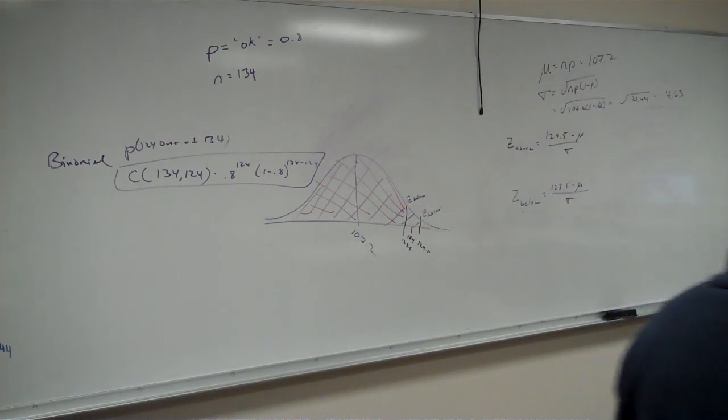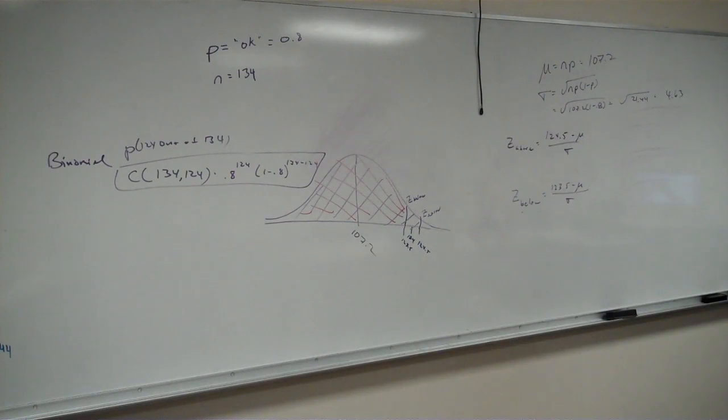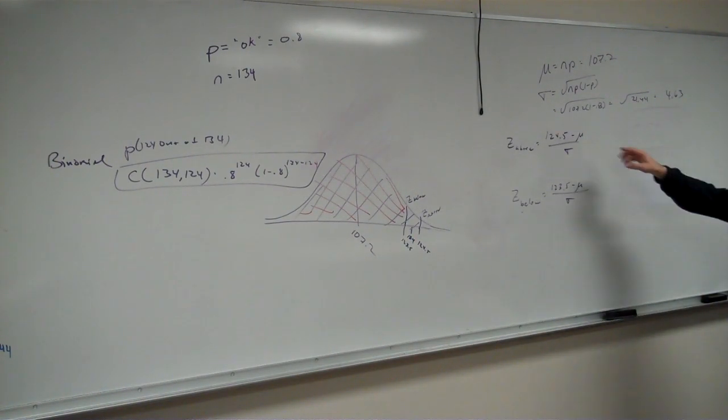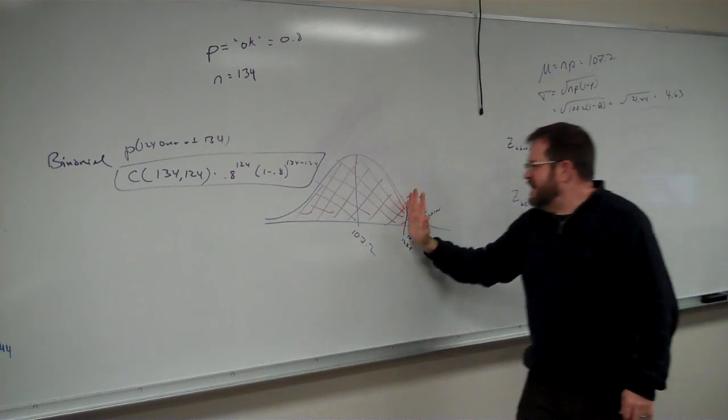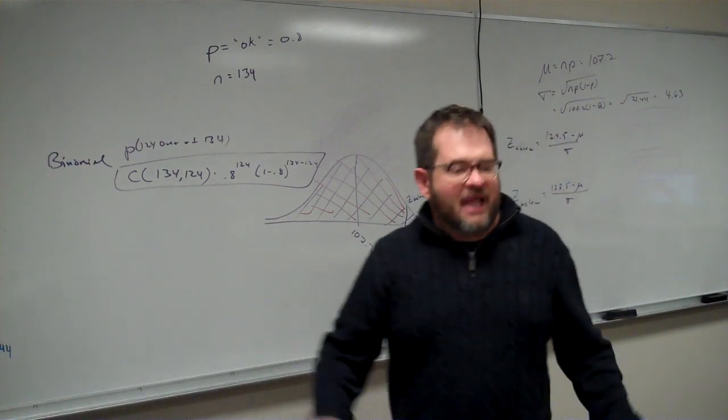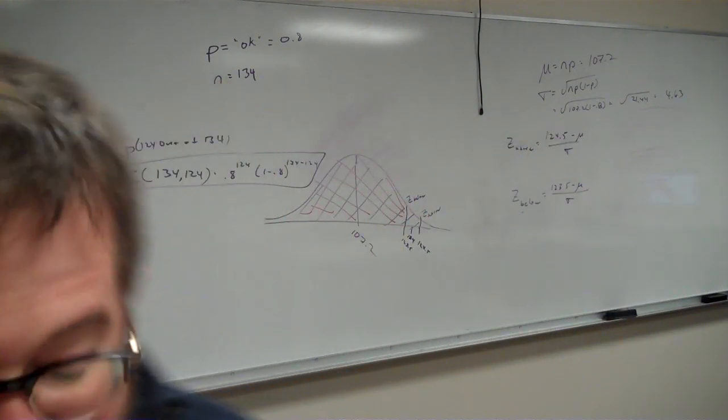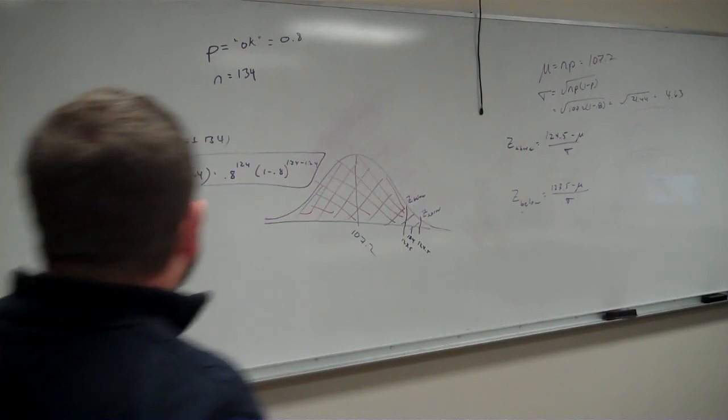You would have to do the arithmetic to actually find the numbers for z above and z below, and then use the tables on page A14 and find that area that's in purple cross-hatching, find that area that's in red cross-hatching, and then subtract the two. And they would be reasonably good approximations to this answer.